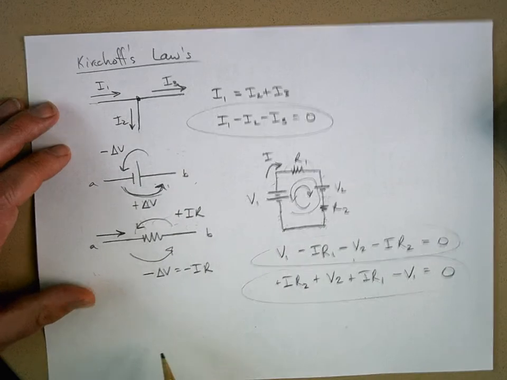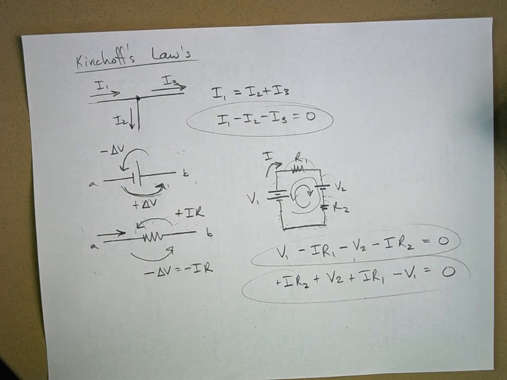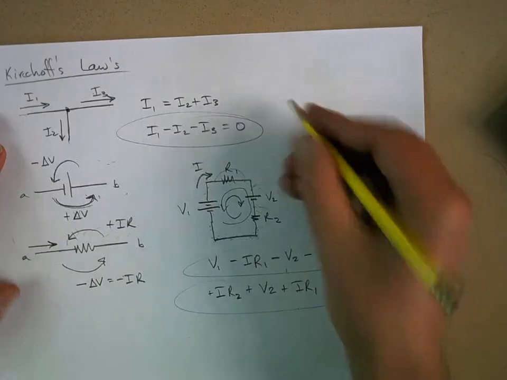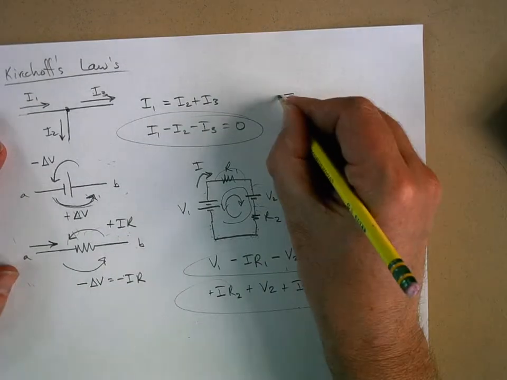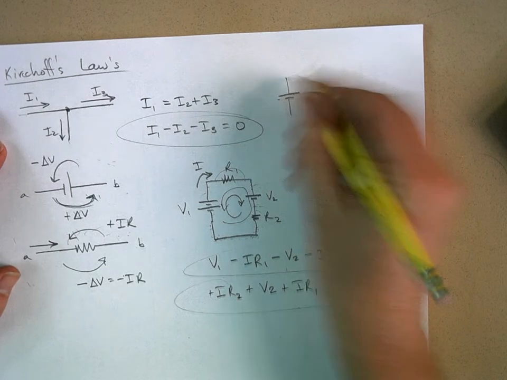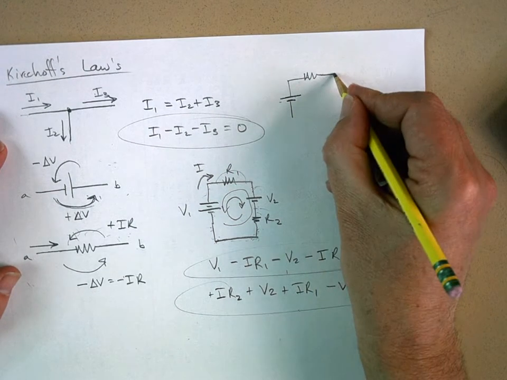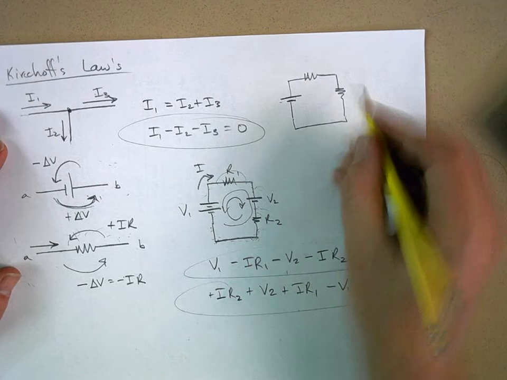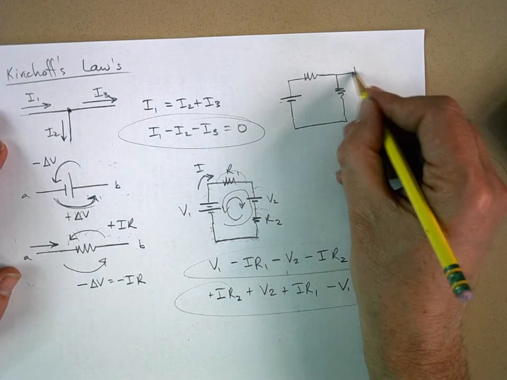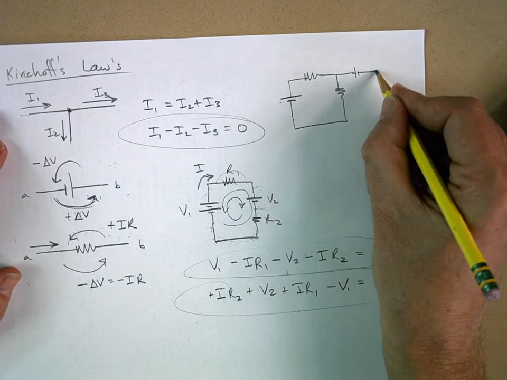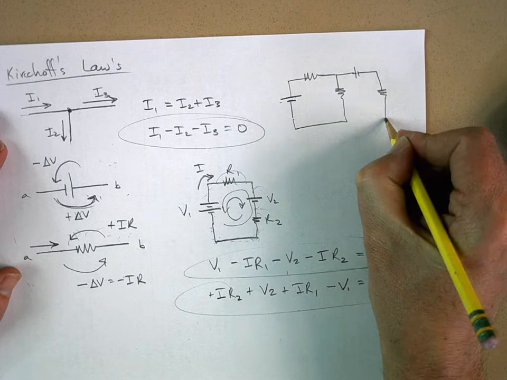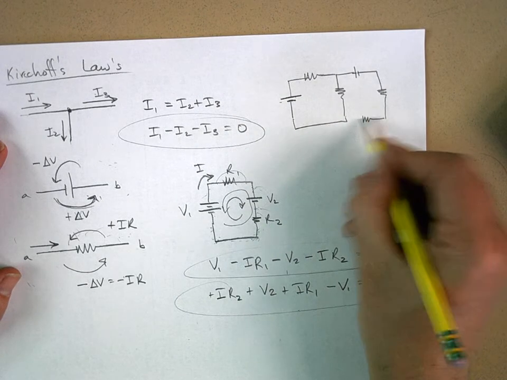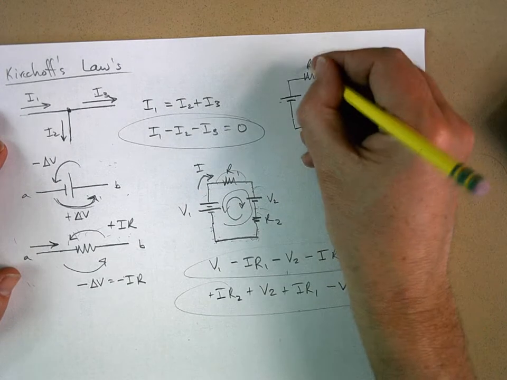So what you're going to do when you analyze a complicated circuit like this, and I don't have time to work the whole thing. Let's say you had something like this. R1, R2, R3.